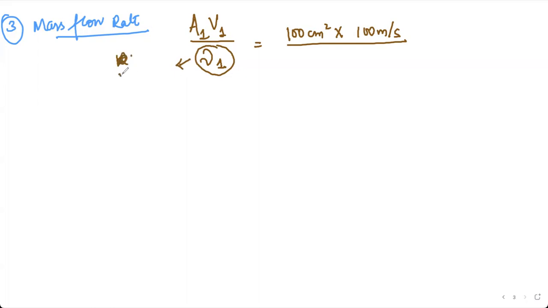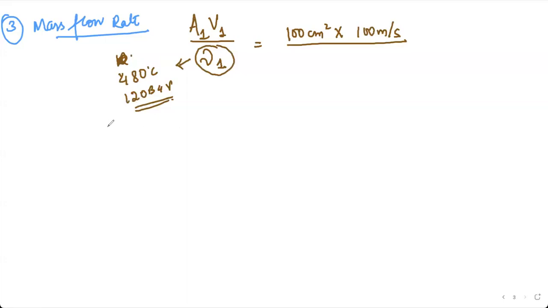The value of specific volume at 480 degrees Celsius and 120 bar, because when you go to the superheated steam tables at 120 bar and 480 degrees Celsius, you calculate the specific volume by the interpolation method.